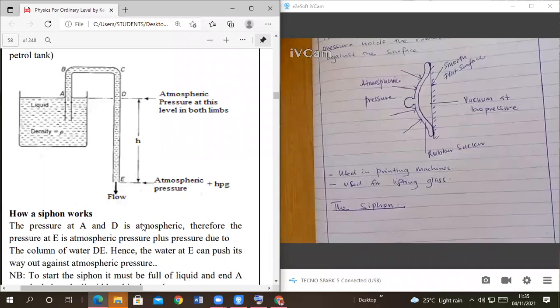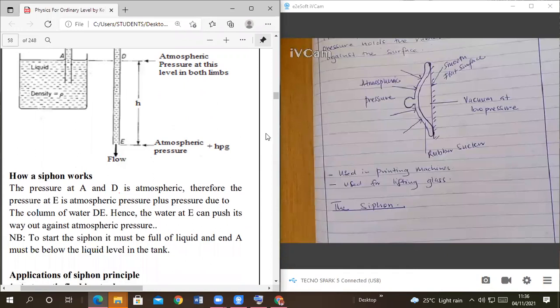You put one container up and another container down. You put the tube inside the water in the container that is up, and the end at the bottom you don't put in water. You first suck out the water, and the moment you do, the water will continuously start flowing.